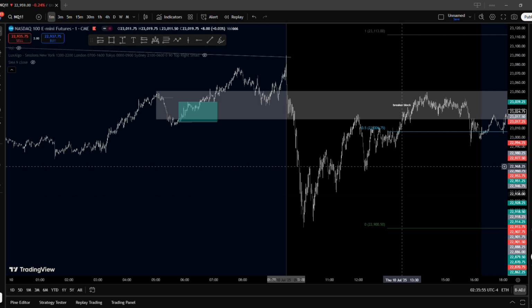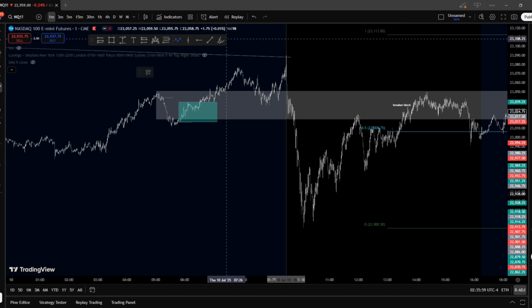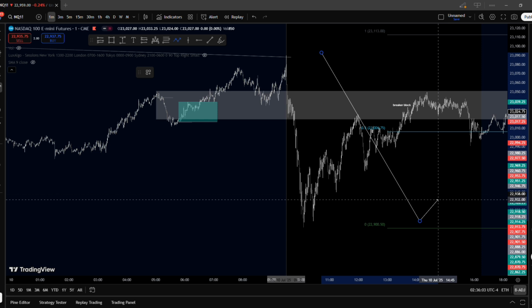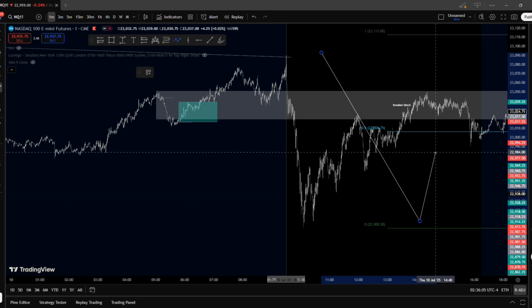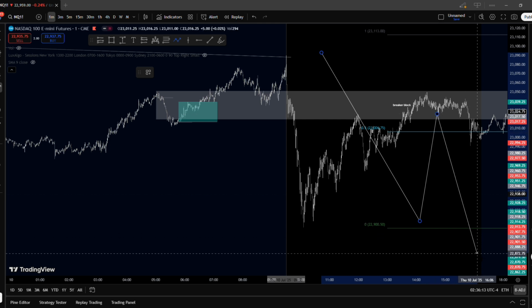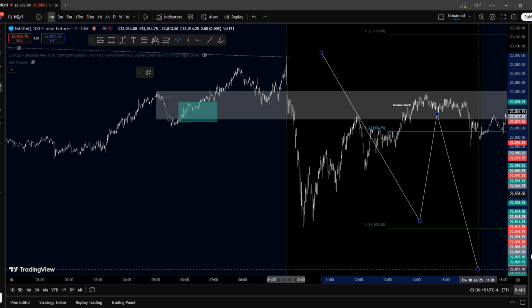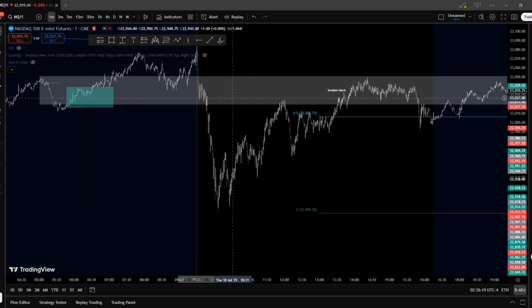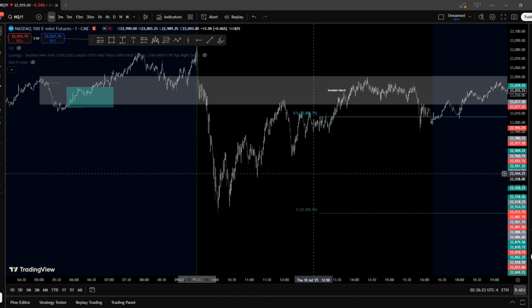The market cannot go continuously downward, but to continue the downward trend, it needs to go to the equilibrium area, the 50% area, collect that liquidity, and eventually go down again. That's how you use these things. If you don't get an entry from this down momentum, you can also use the retracement entry.